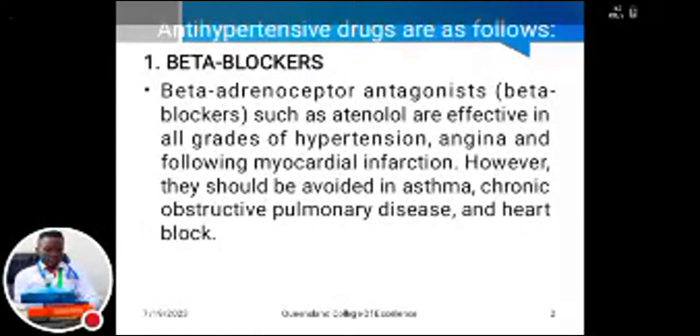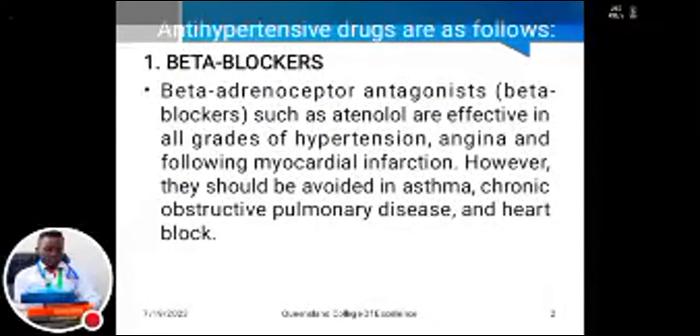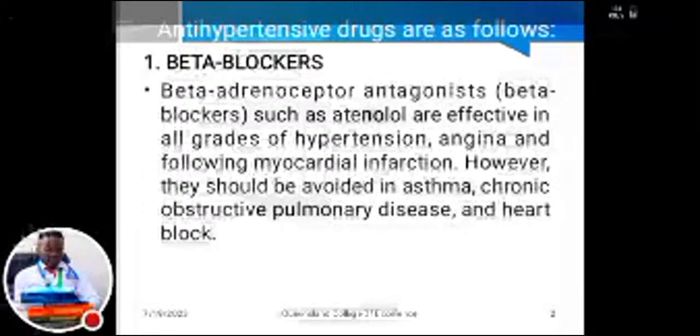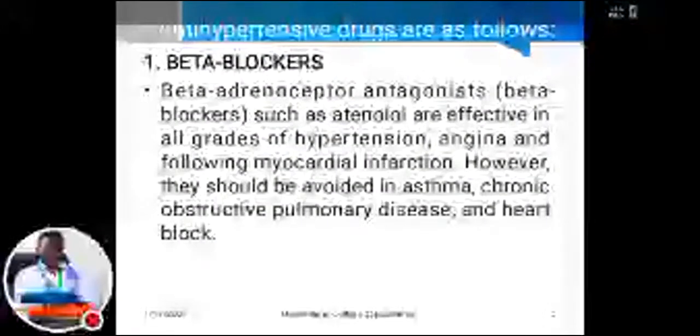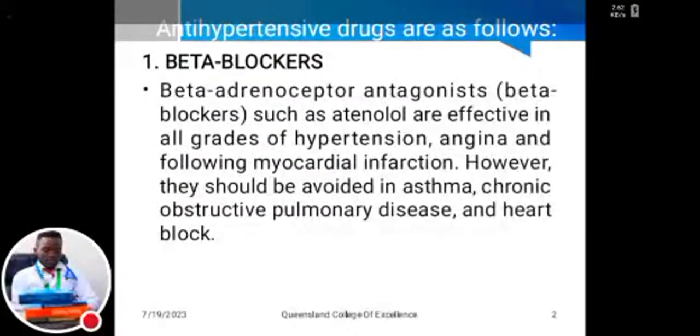So when that egg has been fertilized within the fallopian tube, it takes 3 days for that egg to move from the fallopian tube into the uterus. But what happens is that when the egg is moving very slowly, it will be implanted in the fallopian tube.